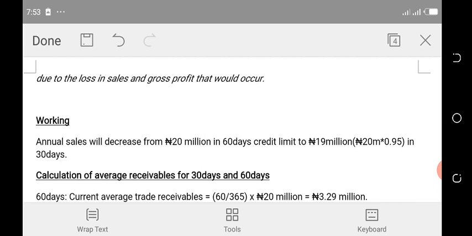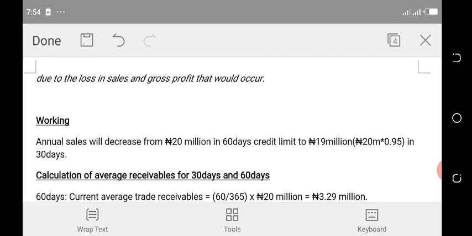When you take 5% from your 100%, because 100% is the total, we reduce it by 5%, which is 95%. So our sales will now be 95% instead of 100%. So 95% of the 20 million, we have 19 million.